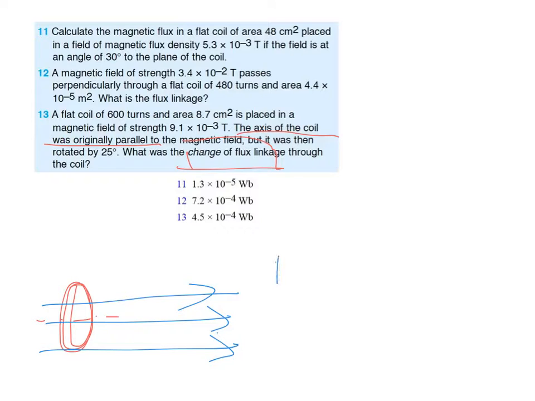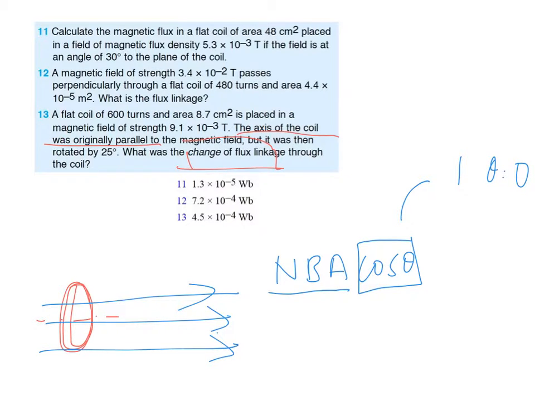So you've got NBA, and cosine is equal to 1, because the angle theta is equal to 0. You work this out, and that will give you your maximum linkage.